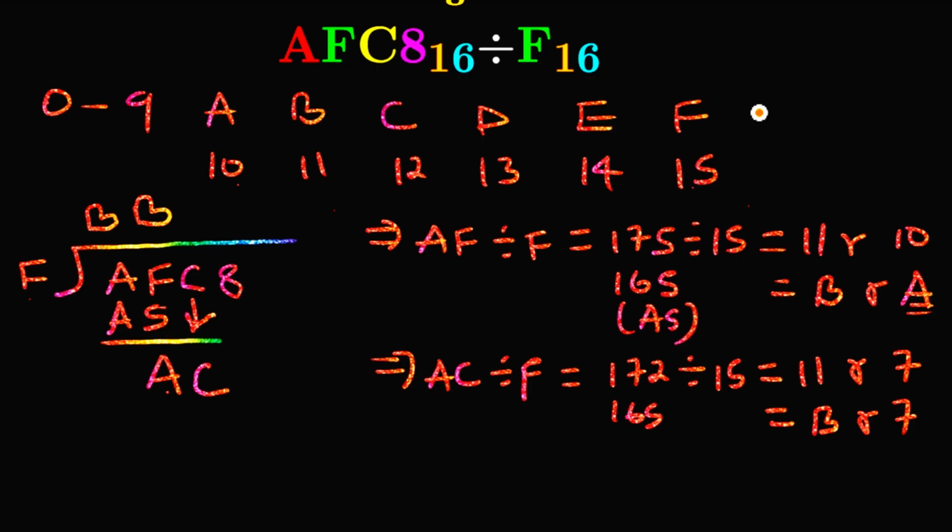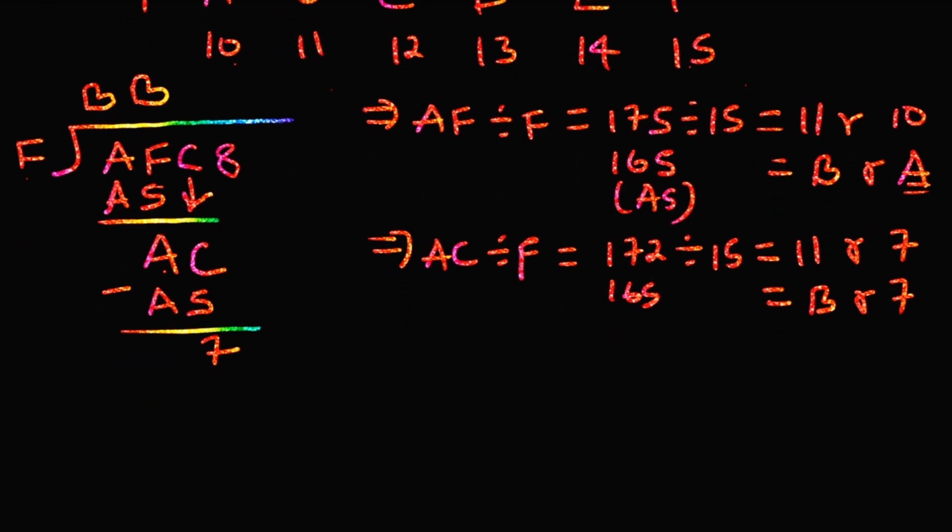So 165, again in terms of hexadecimal, is A5. So you write A5, and then we get the difference. The difference between these two is the same as the remainder, which was 7. So from there we move to the next step, where we try and see if F can go into 7. F cannot go into 7 because it's like asking if 15 can go into 7.